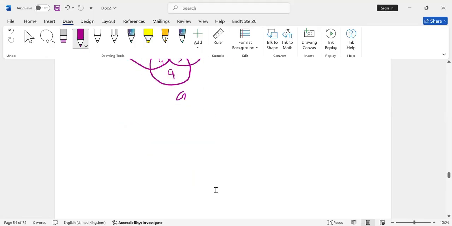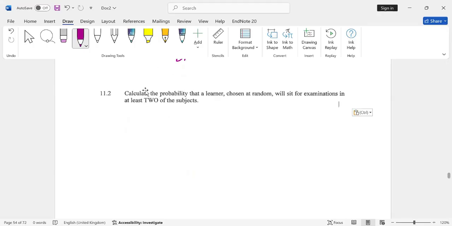Now the next question is 11.2. Calculate the probability that a learner chosen at random will sit for examination in at least two of the subjects.